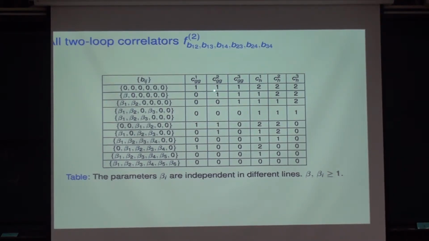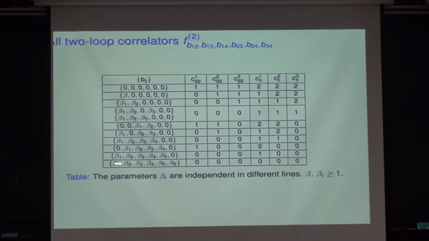These are the coefficients. This is for 2 loops, these building block functions, and these are the values of the 6 B's. So it only depends on whether B is 0 or non-zero. As soon as B is non-zero, you get the same answer for any value of B here.